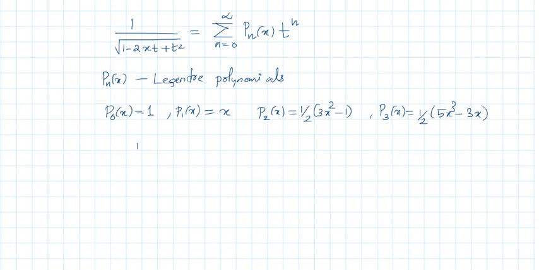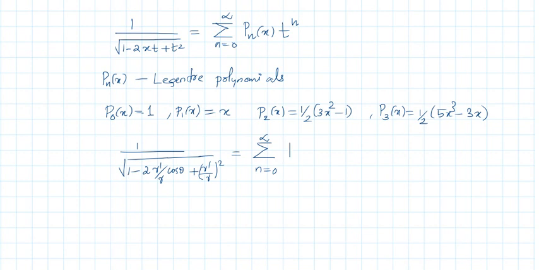So you have the exactly similar structure, 1 minus 2 r prime by r cos theta plus r prime by r the whole squared. So instead of x you have cos theta, instead of t you have r prime by r. So this can be written as sum of Pn of cos theta into r prime by r the whole raised to n.